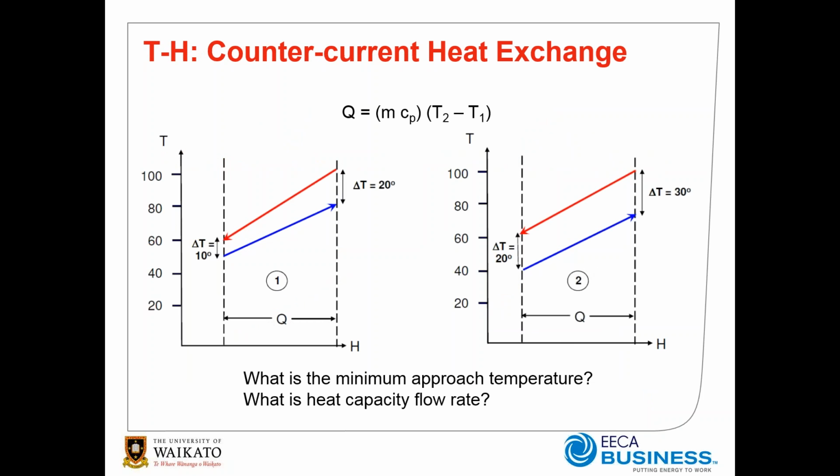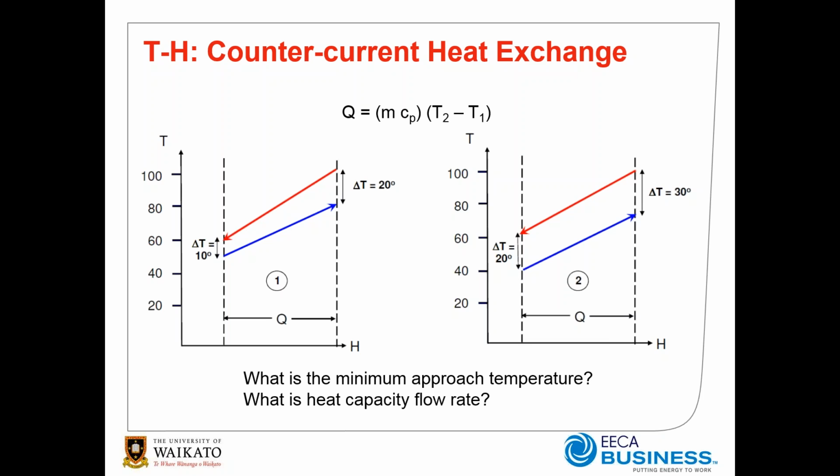If we look at the case of a heat exchanger or two heat exchangers on the temperature enthalpy diagram, we can see in this case we have a hot stream that's being cooled from around 100 degrees to 60 degrees and a cold stream going from 50 up to 80. The slope of these two lines represent the heat capacity flow rate.